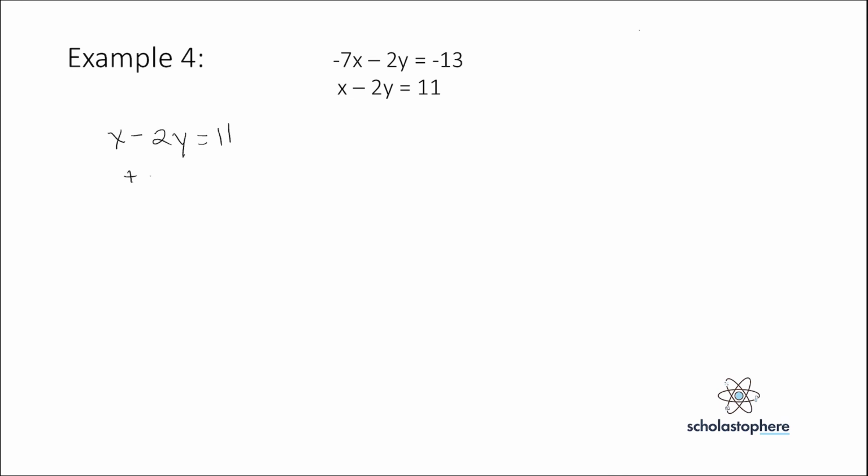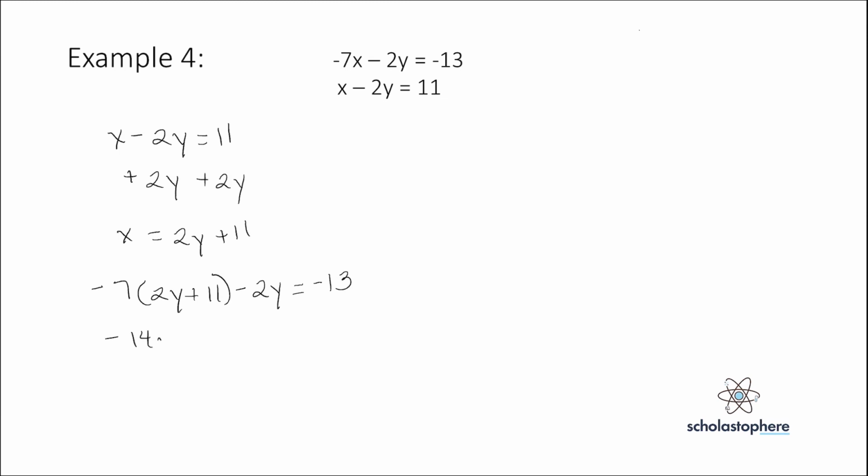Now we can substitute the 2y plus 11 into the other equation for where we see an x. So you should have -7(2y plus 11) minus 2y equals -13. Let's go ahead and distribute. So you should get -14y minus 77 minus 2y equals -13.